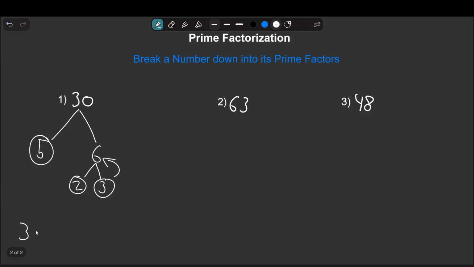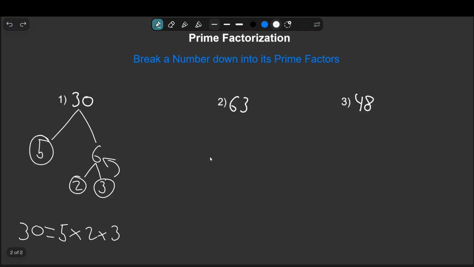So 30 equals, and we get the same answer. It doesn't matter what order you write the multiplication, we will always get 30 as our final answer, because 5 times 2 equals 10, 10 times 3 equals 30. In each order you write this, it will always be 30.